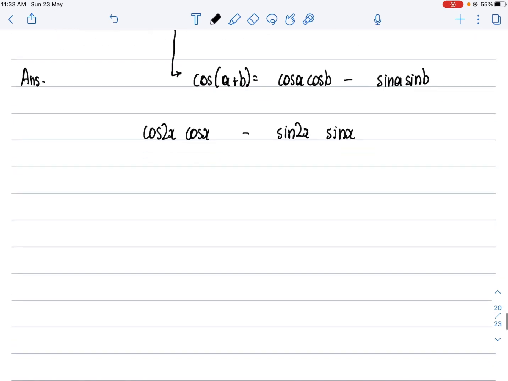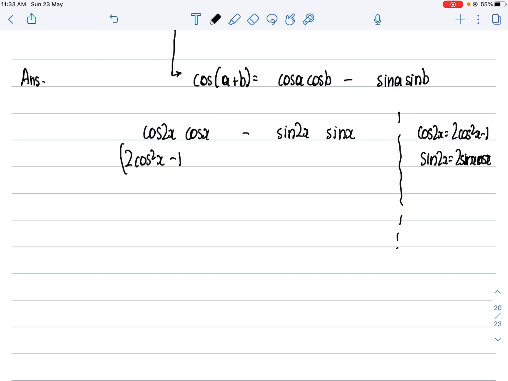Now what you need to know is some trig identities. Cos 2x can be written as 2 cos square x minus 1, and sin 2x can be written as 2 sin x cos x. So I can basically write this as (2 cos square x minus 1) into cos x, minus sin x into sin 2x, which is 2 sin x cos x.